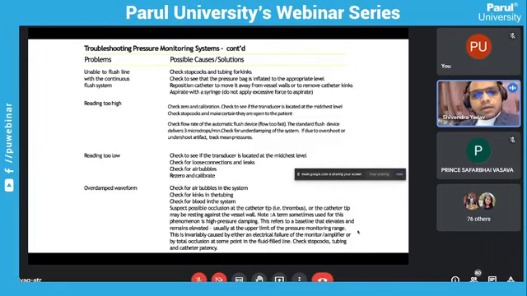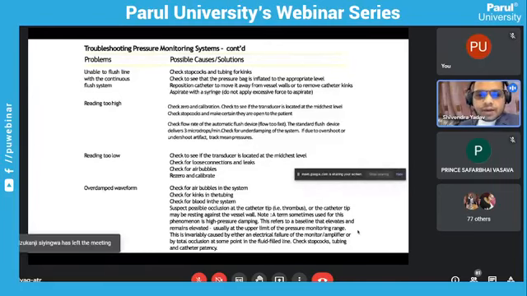Then if you are getting very high readings, sometimes what happens is the diastolic blood pressure is above 120, 140. Then that is a time where your transducer has not been zeroed or not been calibrated properly. So check the transducer whether the position is proper, and then re-zero it.